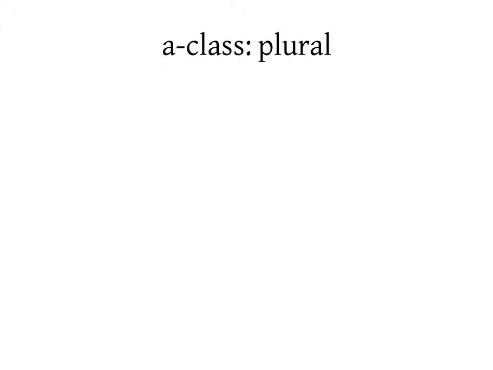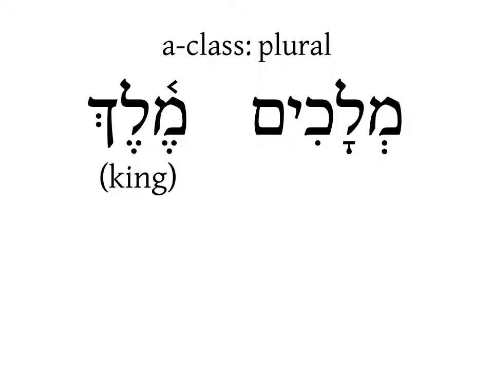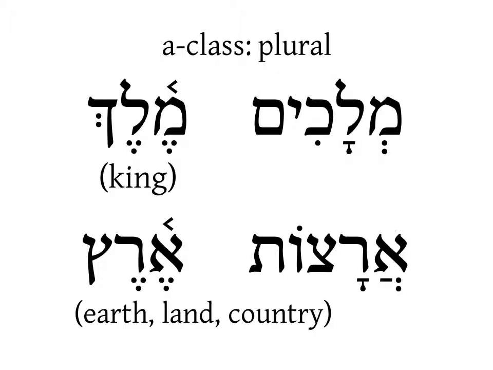We start with the A class in the plural. So we've already seen melech becomes melachim in the plural. Pretty much the same thing happens to eretz. But there are two wrinkles. First, the aleph at the beginning of the word cannot have simple vocal shava.